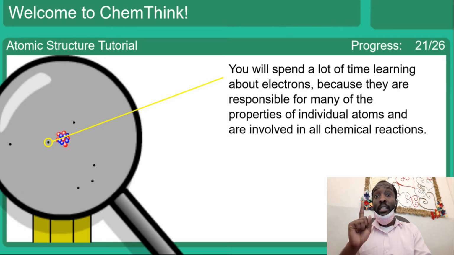Now, one last property about the electrons is that they bring about chemical reactions in an atom. They bring about reactivity. They tell us how an atom will react. That's one feature of the electrons. So that's just a rundown of what we've been discussing.